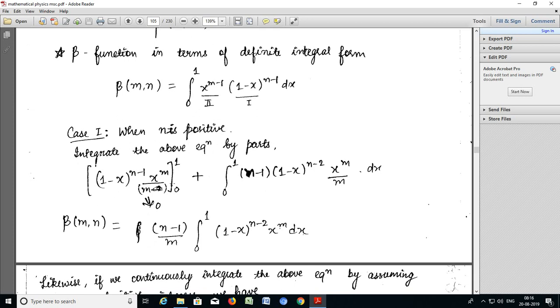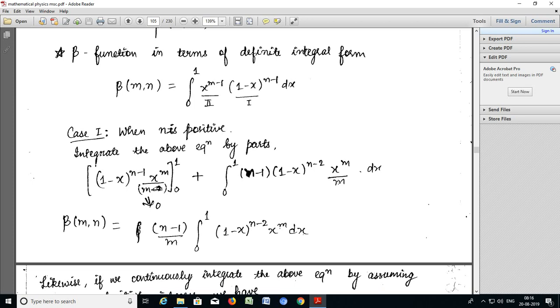Another property, beta function in terms of definite integral, beta m n, 0 to 1, this is what the expression is. Let us take this as the first term, this is the second term. First case, when n is positive, integrate the above equation by parts.